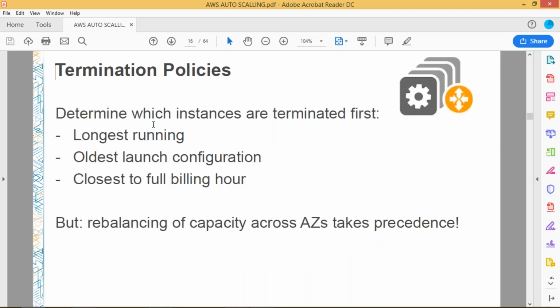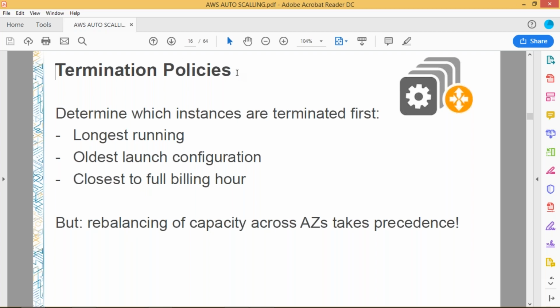So the termination policies, we need to understand and determine which instances are terminated first: longest running, oldest launch configurations, closer to full billing hour, but the balancing of capacity across availability zones takes precedence. So the matter of fact is which instances need to be terminated.